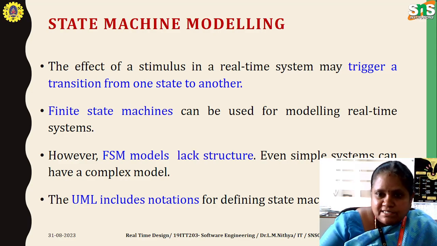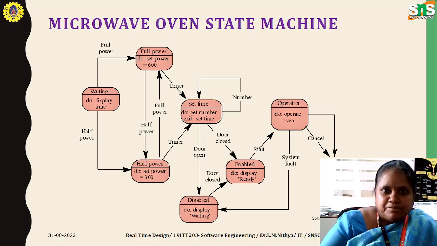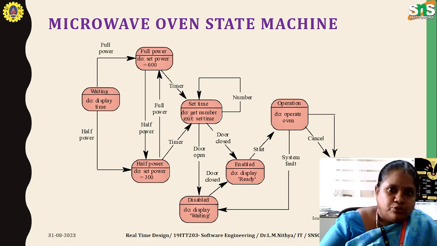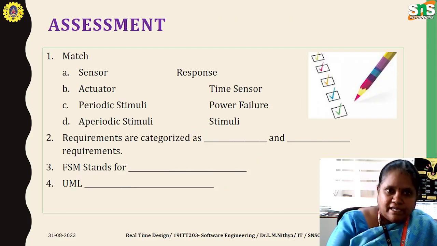However, FSM models don't have a proper structure, which results in complex models. So UML is the best method for state machine modeling. Here I have shown a microwave oven state machine, which we saw in the previous lecture, as an example of state machine modeling.